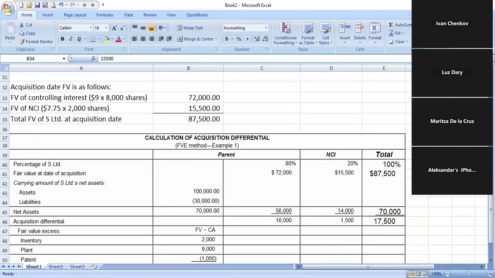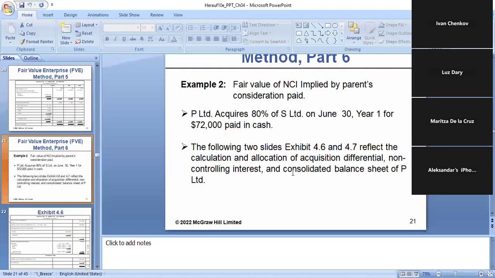So let's go back to the slides and see what's next on the slides. So the next example is where fair value now is implied. What does that mean?